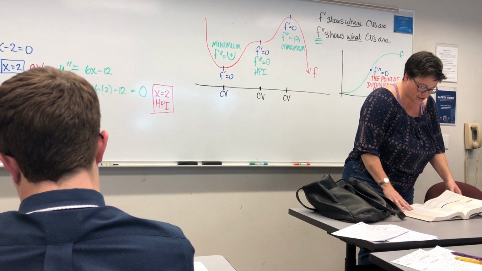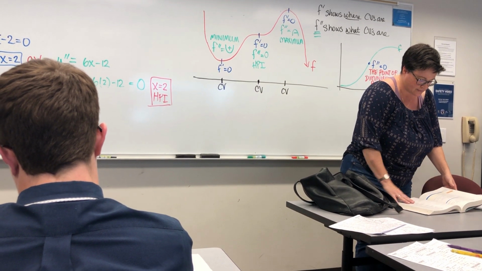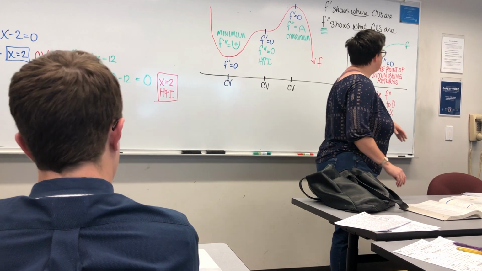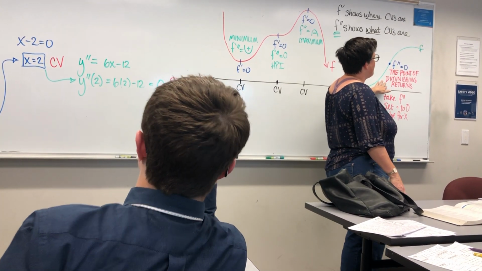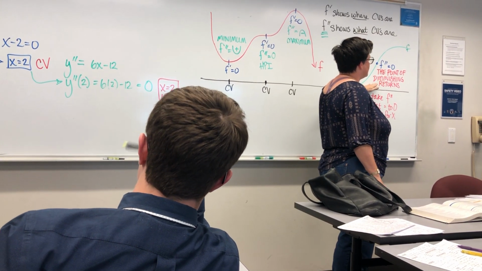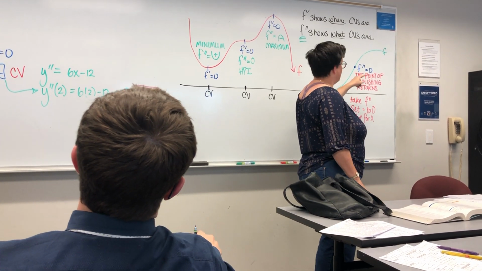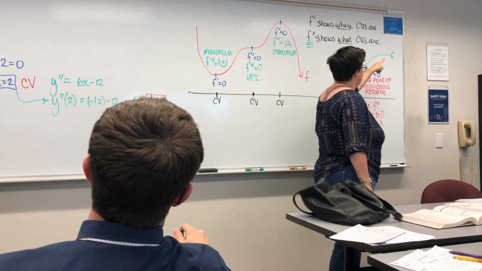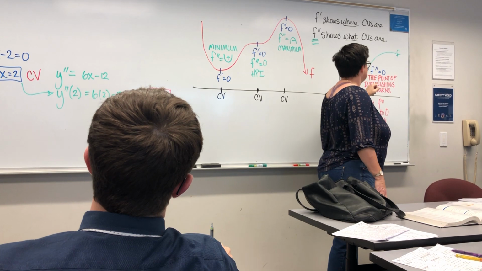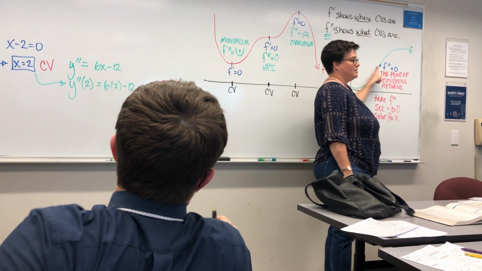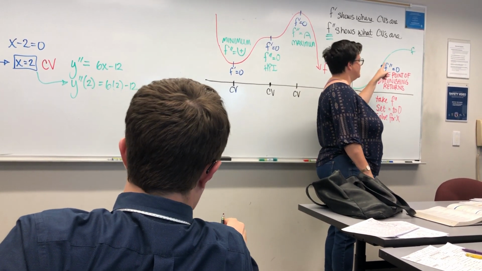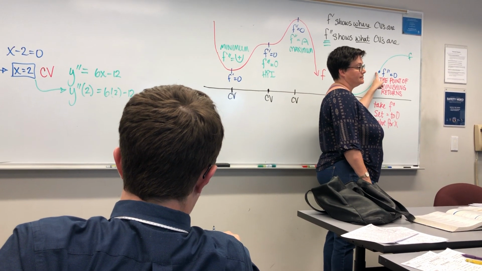Point of diminishing returns. You would see this in the math, because if you took the first derivative and set it equal to 0, you wouldn't get this point. You would get this point and this point. This is not a critical value for slope. This is a critical value for concavity only.